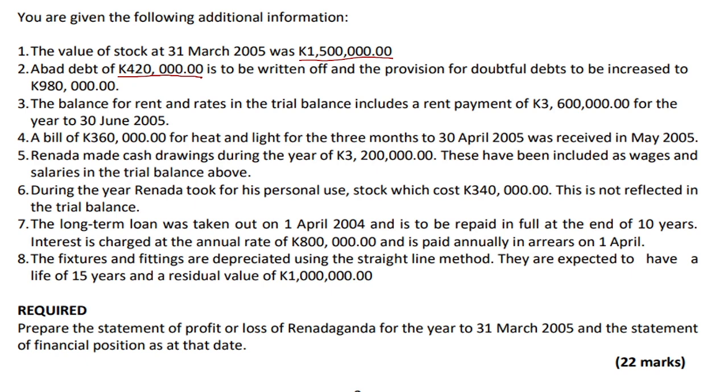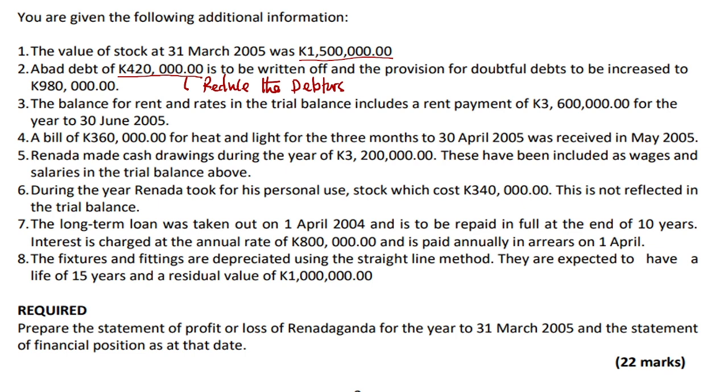So you write it off as an expense. So if you write off that value, take note that it's going to reduce your debtors. But if this value was already in your trial balance, that means the data that would have included there would have been the reduced value for debtors already. But we don't have this value for bad debts in our trial balance.